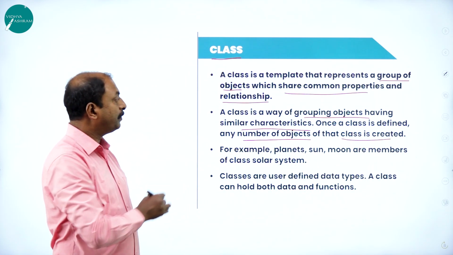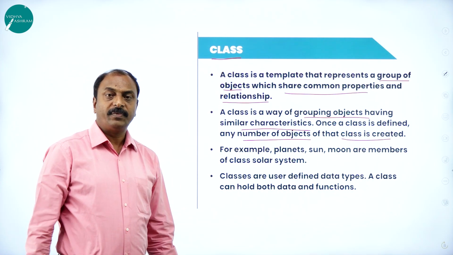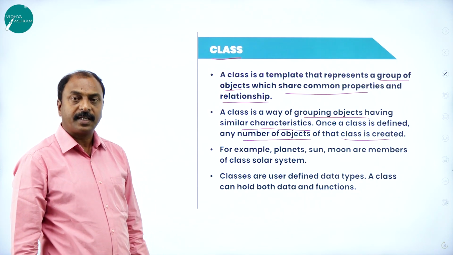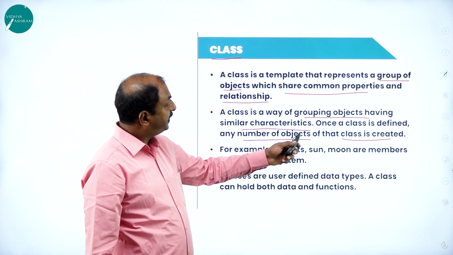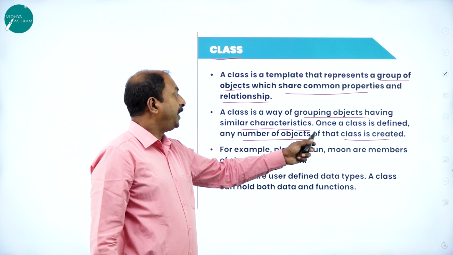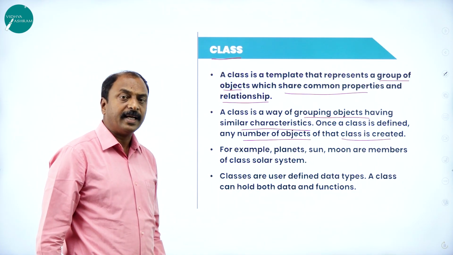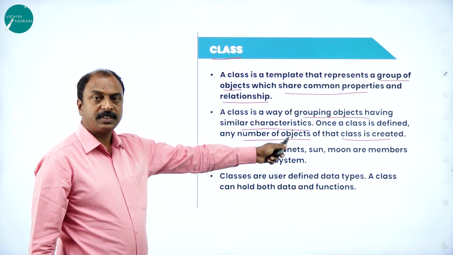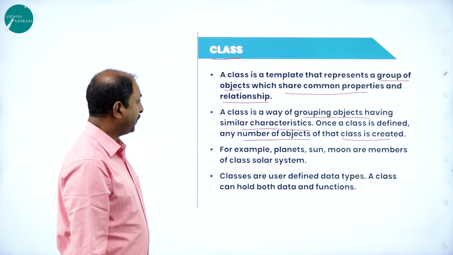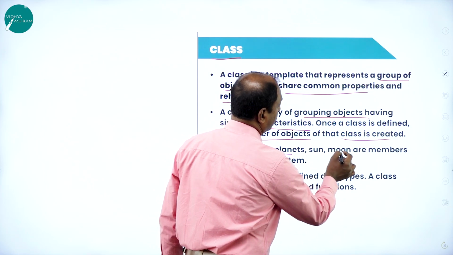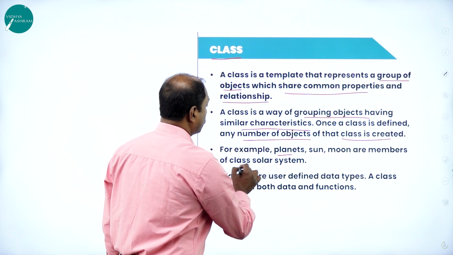So first we have to create a class. Once the class has been created, n number of objects can be created of that particular class. That is the meaning of the sentence here. For example, planets, sun, moon are members of a solar system.